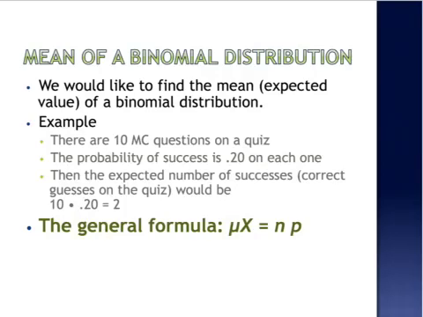So here we are going to practice finding the mean of a binomial distribution. If we have an example of a 10 multiple choice question quiz, and you have 5 choices on the quiz, that means the probability of guessing a correct answer would be 20% for each guess. Therefore, using the formula seen here, the mean is equal to n times p.